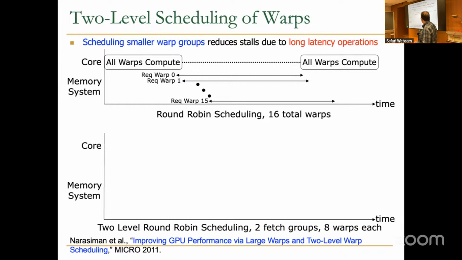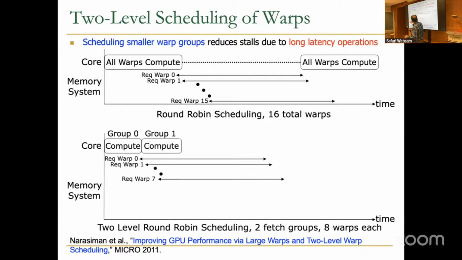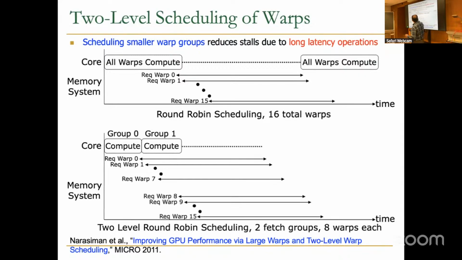Basically you schedule a group of warps, they compute, and then you reach a point where you have long latency operations. But the good thing is that you still have another group that is in the compute instructions, so you can schedule them. With that, you can reduce the stall time a lot. So this two-level warp scheduling is very interesting and very effective. If you're interested, you can check this paper.